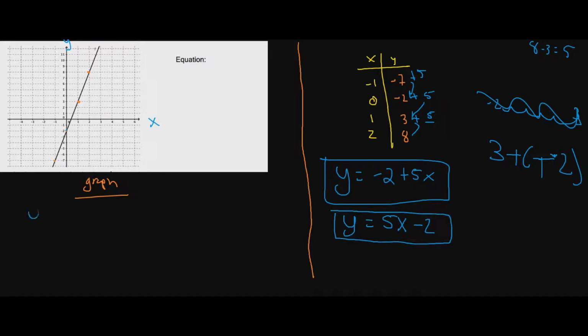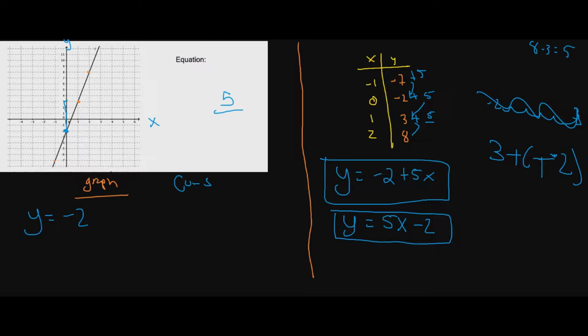Well, how can we do this with the graph here? Well, what's my starting value? Well, my starting value is the y-intercept, so that's -2, okay? Now, if I want to find my constant rate of change, well, how much do I go up by on this graph? Well, I go up by 1, 2, 3, 4, 5. So I go up 5. That's the y-axis. So since the y-axis is vertical, we go up 5.